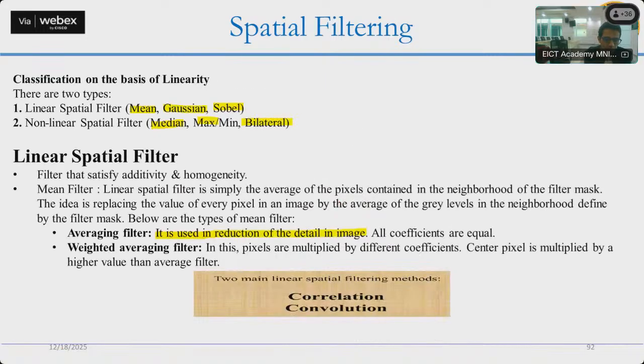Now we're going through it. Spatial filters basically have two types: linear spatial and non-linear spatial. Linear means the values are based directly on addition and multiplication.